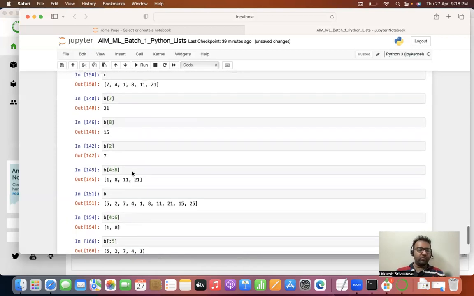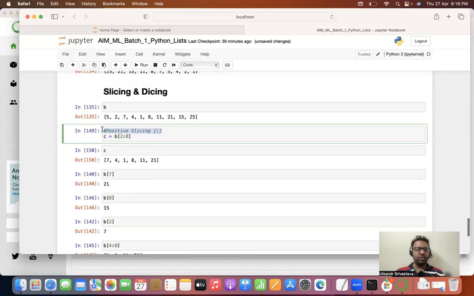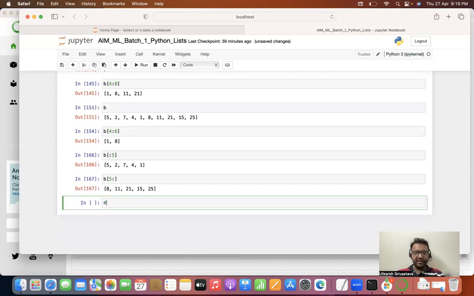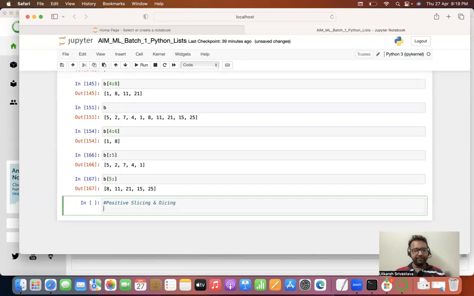So moving ahead, we talked about positive slicing. All right. Now let us discuss slicing and dicing. Positive slicing and positive dicing. All right.